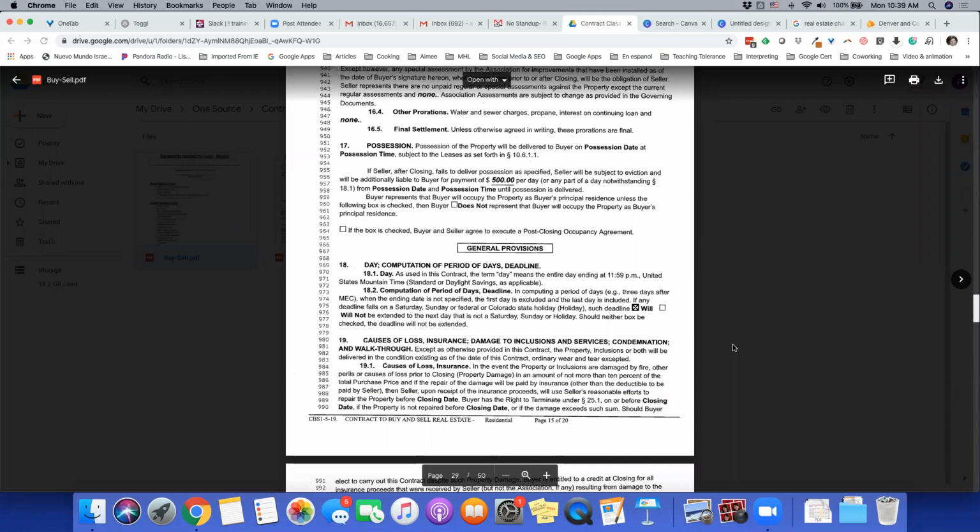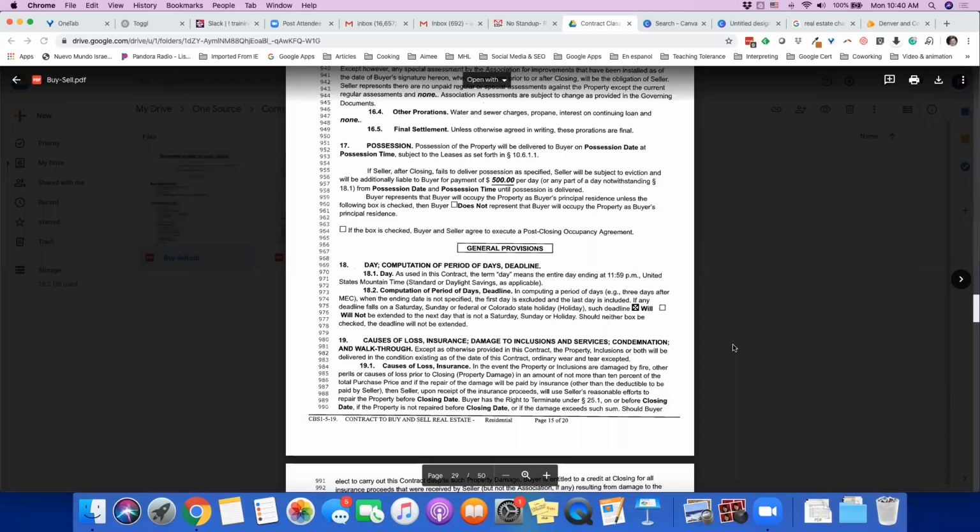If you find out from calling the listing agent that the seller cannot be out at closing, then what you want to do is prepare your post-closing documents at the time of offer, so you have your contract and your post-closing document going over, so you can negotiate the terms in that document so you don't have any fights later.